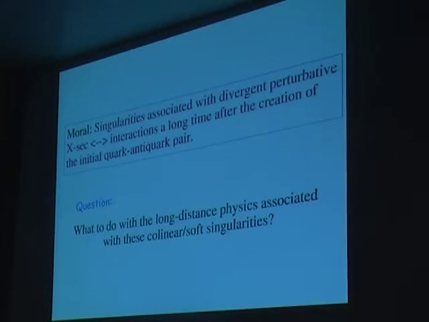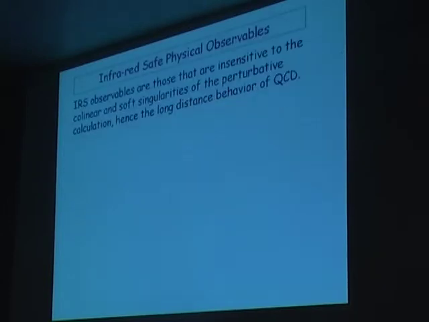So what do we do then with this long-distance physics, which leads to these collinear or soft divergences?